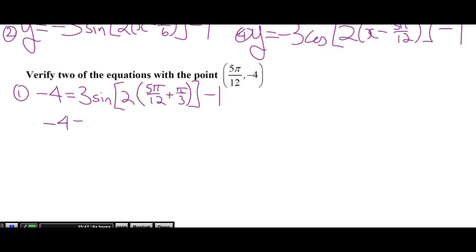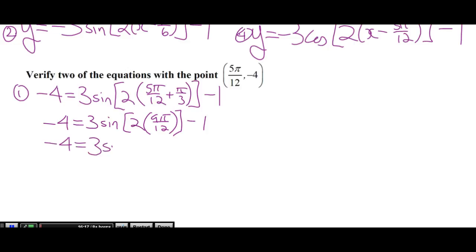Okay, so negative 4 is equal to 3 sine 2. Okay, so what's 5 pi over 12 plus pi over 3? So how many pi over 12s is pi over 3? It's going to be 4 of them, right? Okay, so we're going to get 9 pi over 12. And what's 2 times 9 pi over 12?